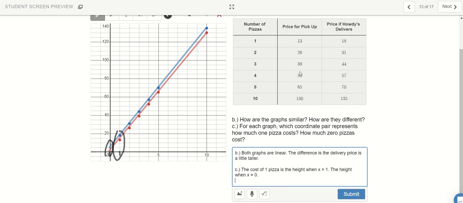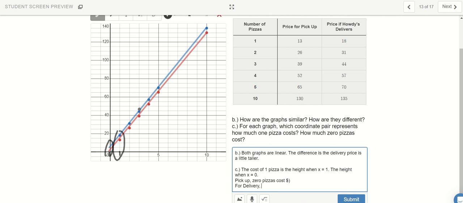So, let's take a look at the pickup price. If I don't order any pizzas, how much is it going to cost me? Notice that if I don't deliver and I don't order a pizza, for pickup, 0 pizzas cost $0, which kind of makes sense. How about for delivery? Let's say I ask them to deliver an empty box. I don't want any pizzas, but I still want them to come over and deliver. I still need to pay that pizza delivery guy.